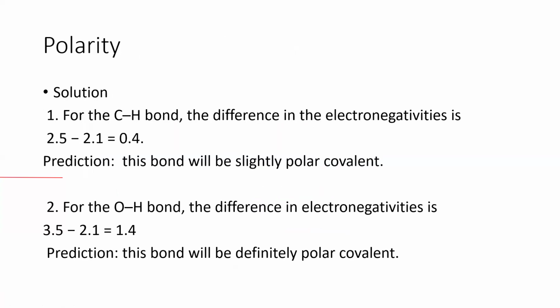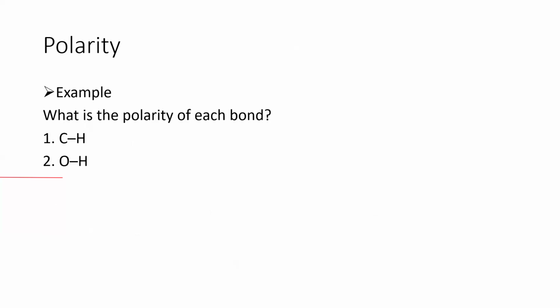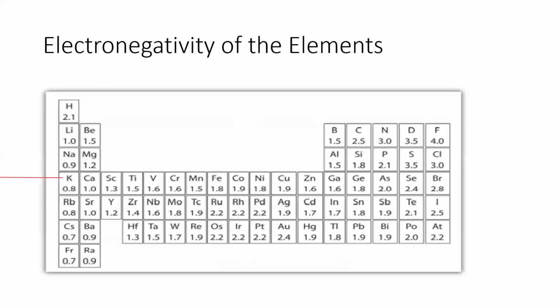Then we do the next one, hydrogen and oxygen. We know hydrogen's is 2.1 already. Then we look for oxygen, which is 3.5. Go to the chart and look for oxygen. Oxygen is somewhere hiding. I can't even see oxygen. This is supposed to be oxygen; it's just 3.5.